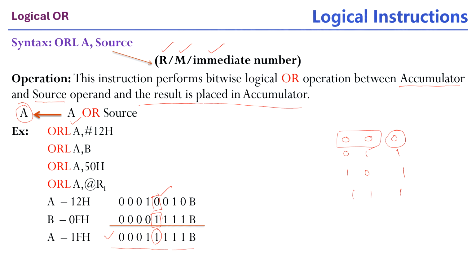If you want to make any bit in the accumulator equal to 1, simply perform OR operation with logic 1. So this is the application of the OR instruction in the 8051 microcontroller: a bit can be set to 1 by ORing with 1.